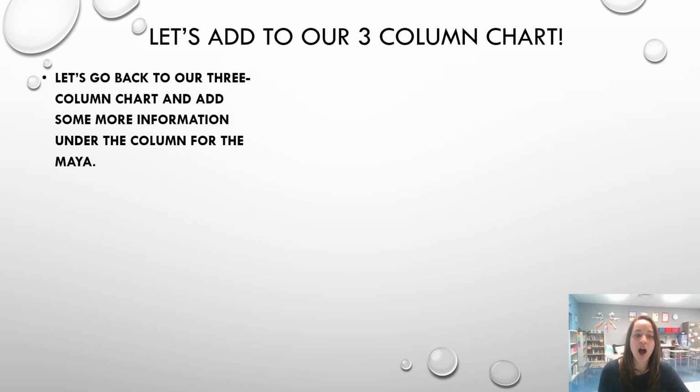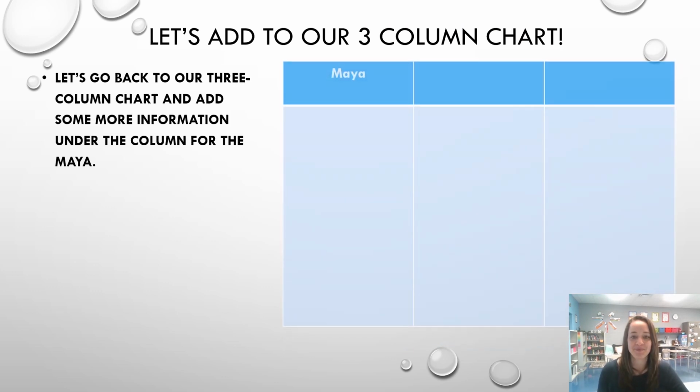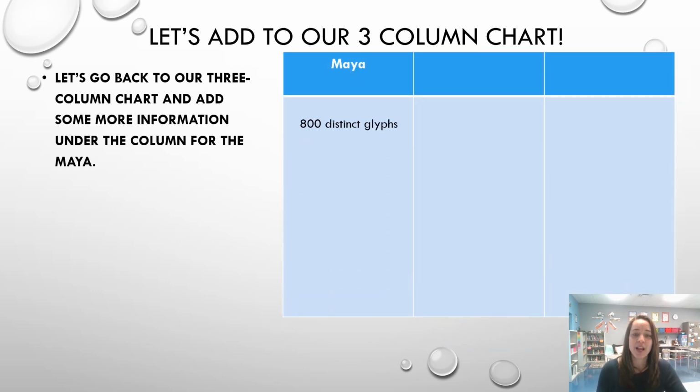Let's go back to our 3-column chart and add some more information under the column for Maya. First, let's add that there were 800 distinct glyphs. Now let's add that we only know about 85% of the glyphs.